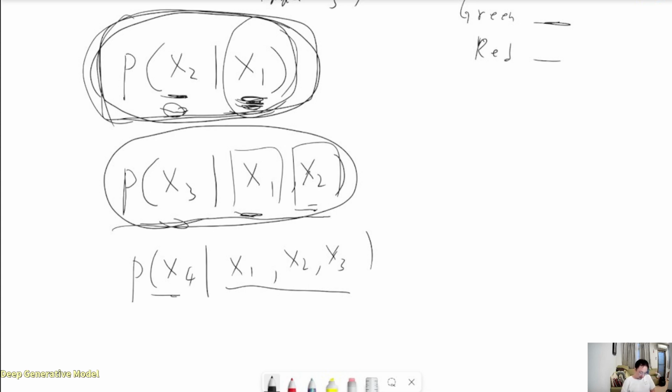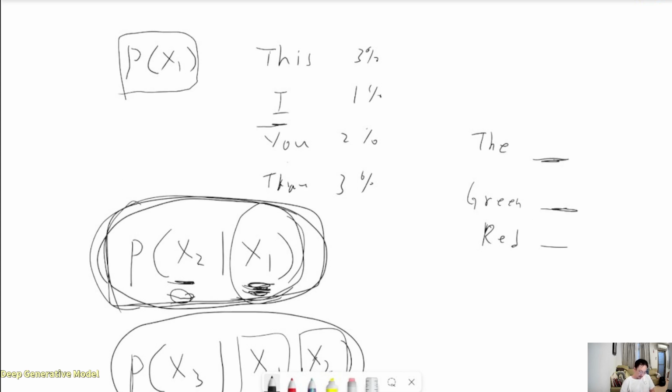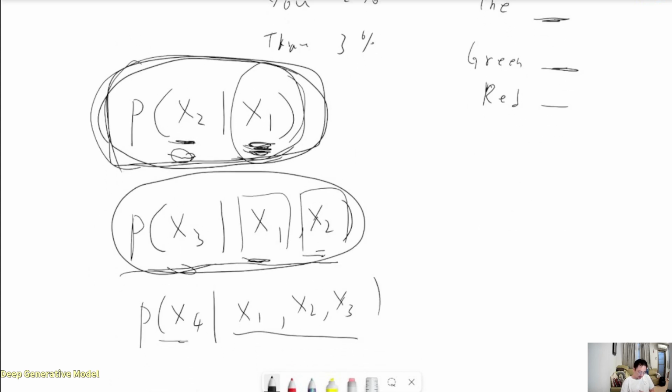So by having all these conditional probabilities, p(x1) and p(x2|x1), the probability of x2 given x1, and the probability of x3 given x1 and x2, and the last one, we combine these four together.